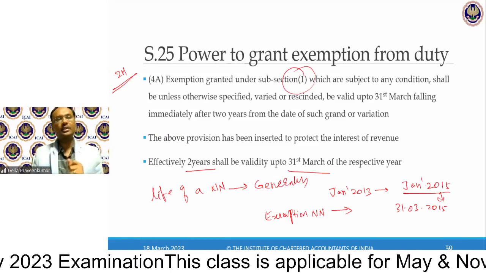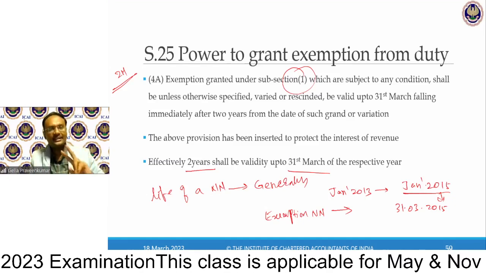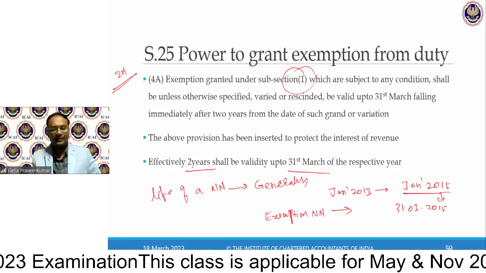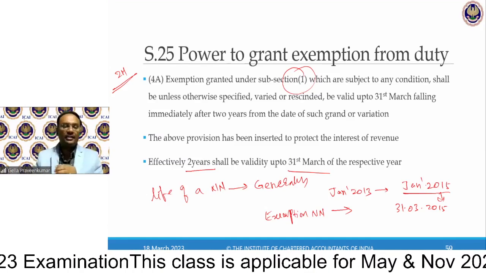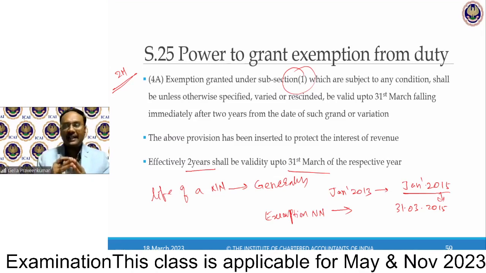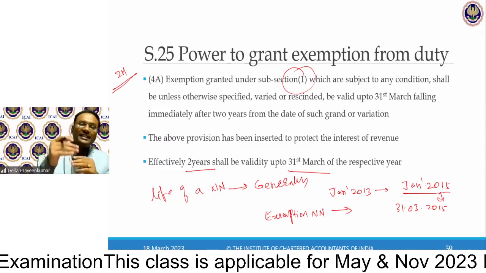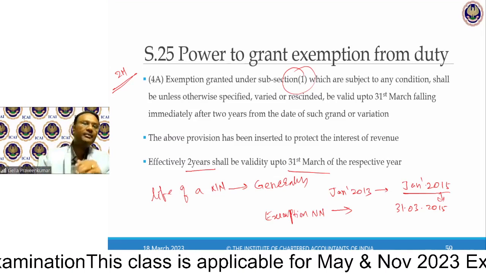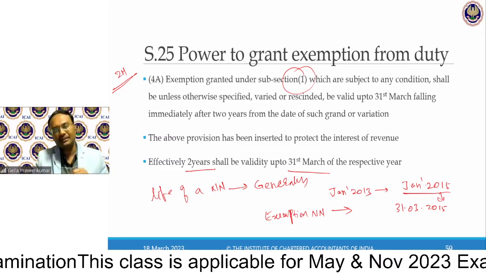Here the notification says that 2 years is the time limit, valid up to 31st March of the respective year. So if in Jan 2013 a notification is issued, it will have validity till January 2015, ending on 31st March 2015. That's the time limit when the power under subsection 1 gets over.